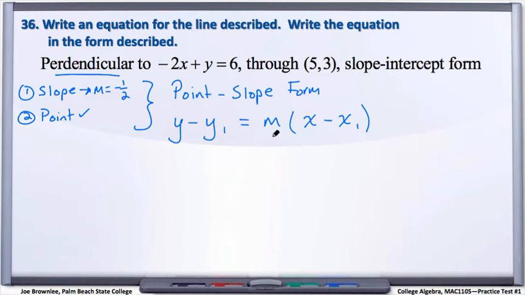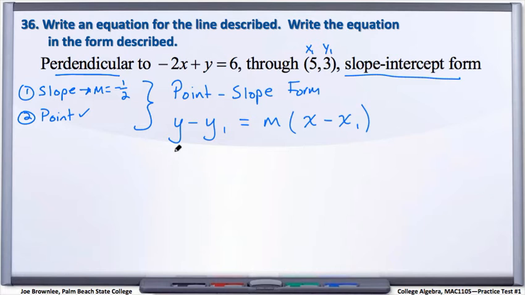All right, and of course the m here is the slope we're going to use, and the point is (5, 3), or in this case x1, y1. So this is going to be 3. This will be our 5. We're going to take this information, plug it in, and do some manipulating so that we can end up with something that's in slope-intercept form. All right, so let's go ahead and do that then.